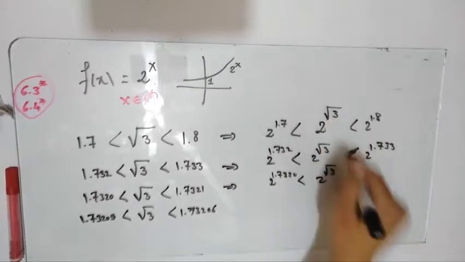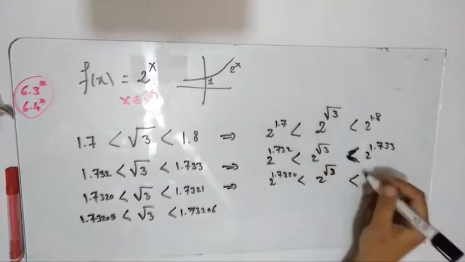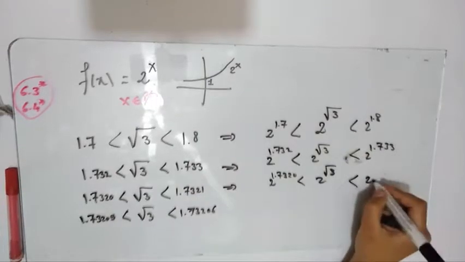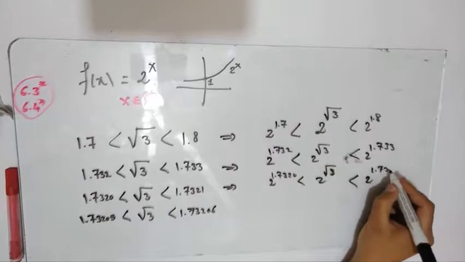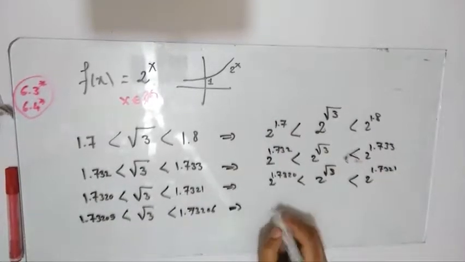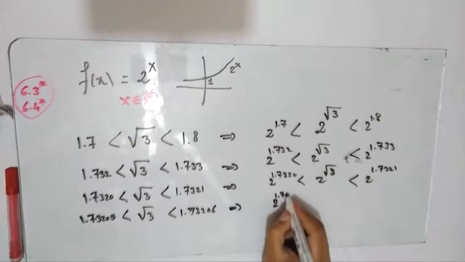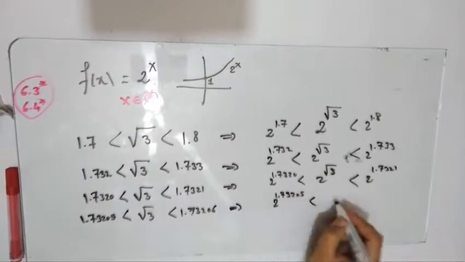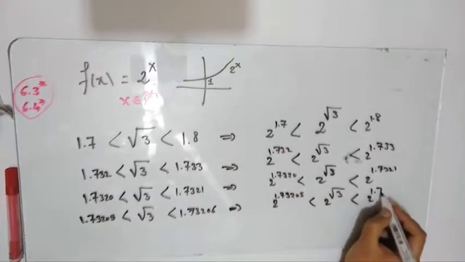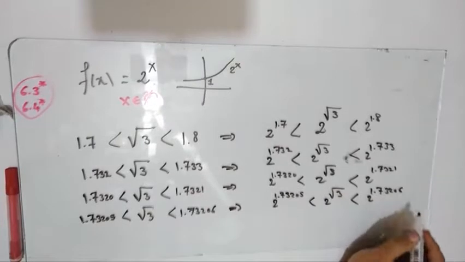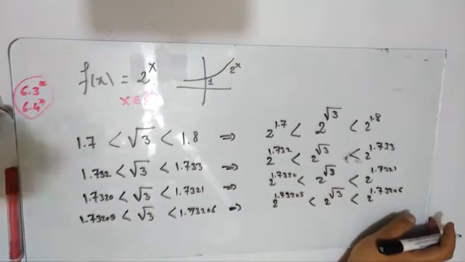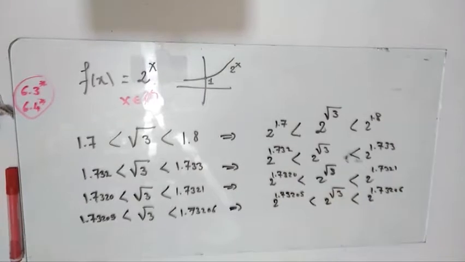We want to define it to keep these inequalities. Then this is less than 2 to the power 1.7321, and finally 2 to the power 1.73205 is less than 2 to the power square root of 3, which is less than 2 to the power 1.73206.